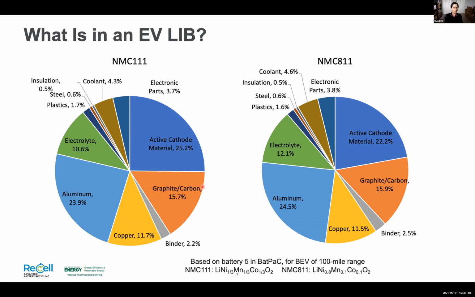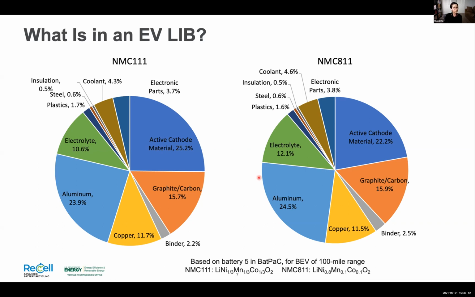But the overall material categories will be the same. So in a lithium-ion battery, we will have mostly active cathode material, anode material, the electrolyte, and some considerable amounts of aluminum and copper to be used as current collectors.